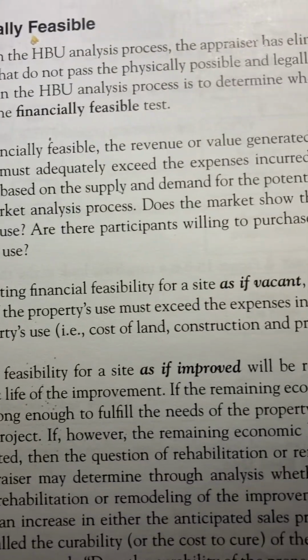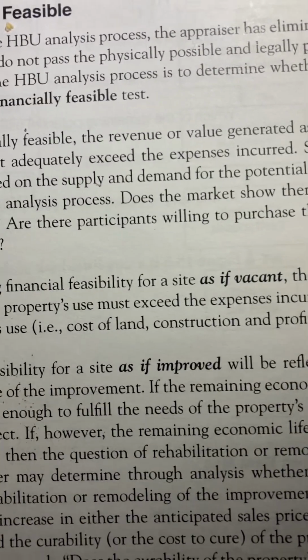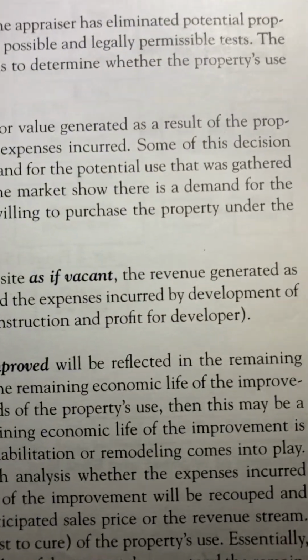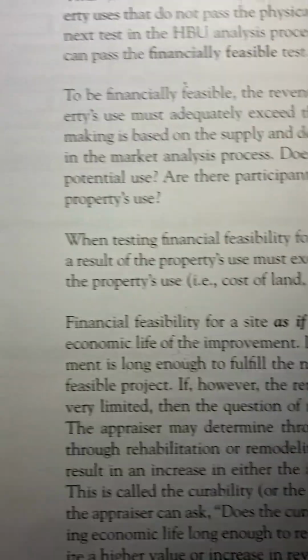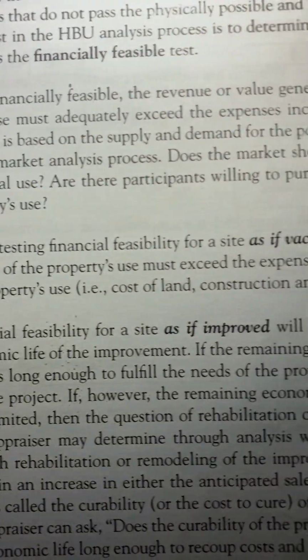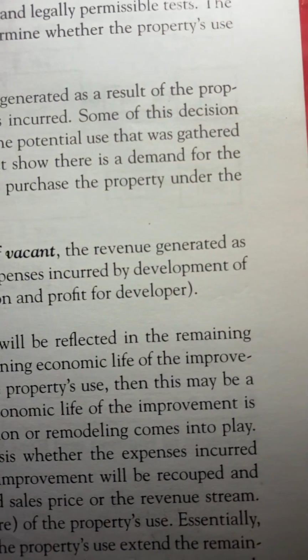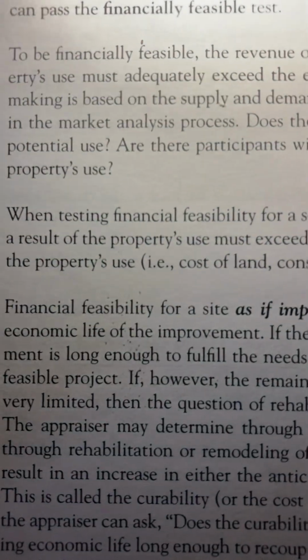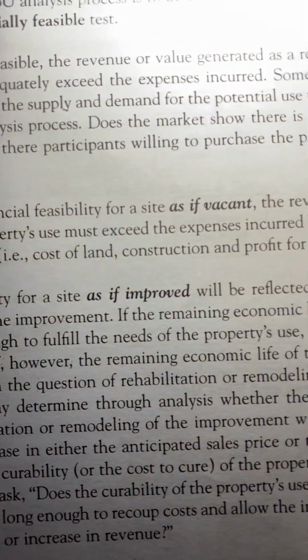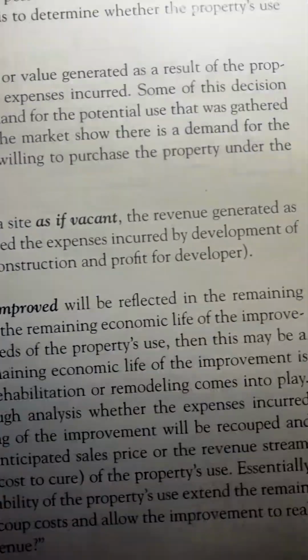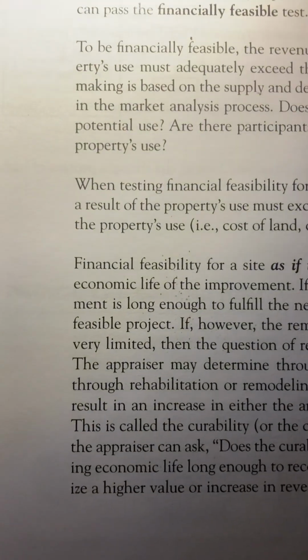When testing financial feasibility for a site as if vacant, the revenue generated as a result of the property's use must exceed the expenses incurred by development of the property's use. For instance, cost of land, construction, and profit for developer.